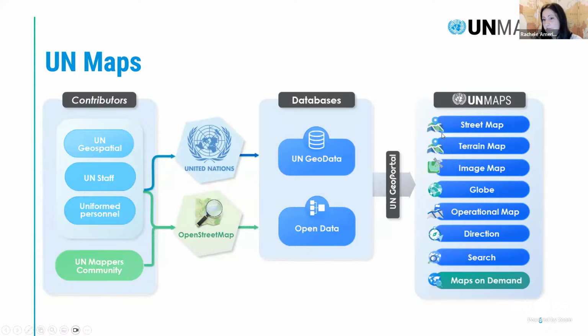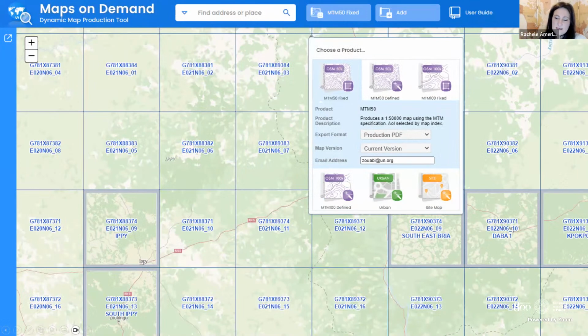So all these services, we have street map, terrain maps, image maps, the globe, which is a 3D map, operational maps, direction search. It's like what you usually do with Google Maps, but inside a United Nations platform. And they also have these maps on demand, which is the platform that the peacekeepers are using in the field.